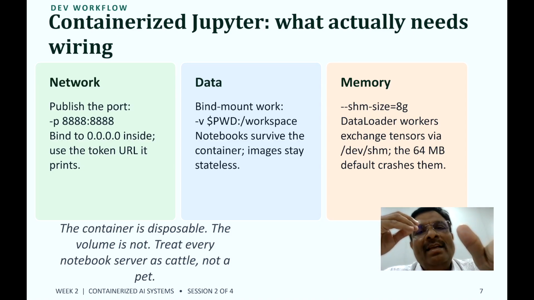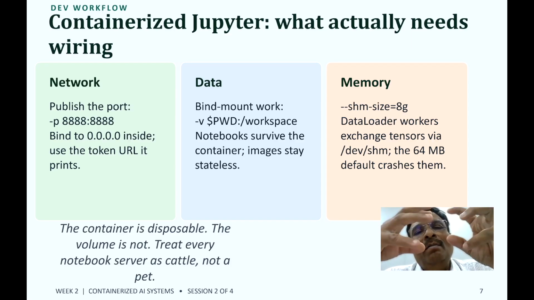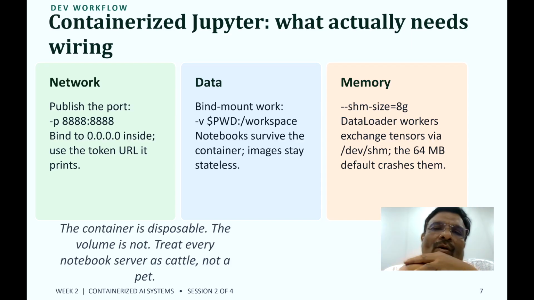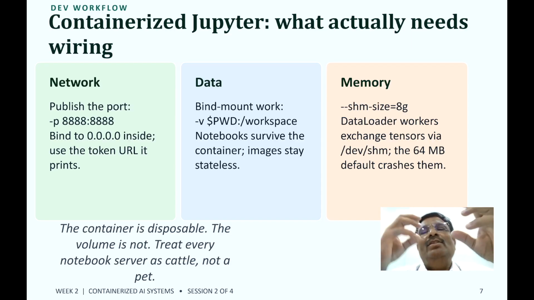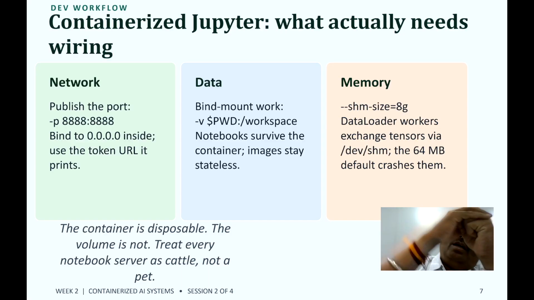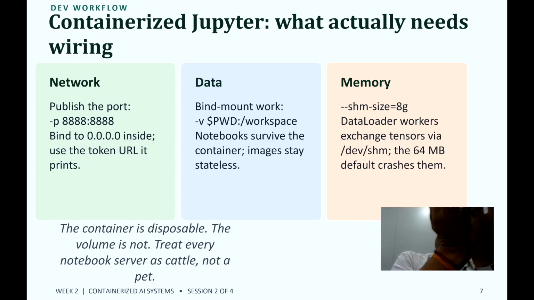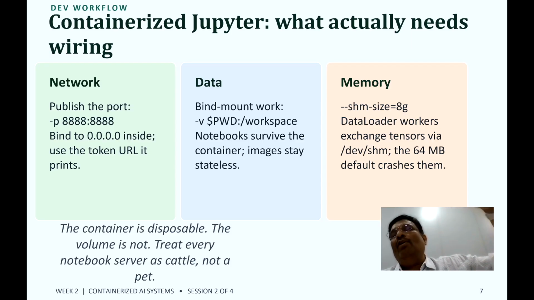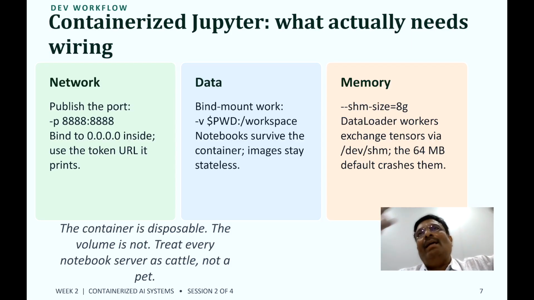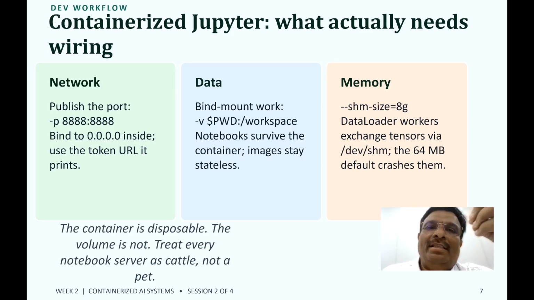And for the data, we actually do the mounting. So the workspace notebook survives the container, images stay stateless. That basically means you are going to link the folder which you are using in your container and map it to a local folder on your system. Correct? So it is something like a virtual folder which you are using from your local hard disk.